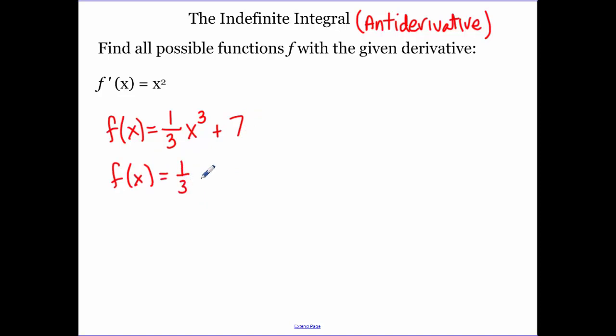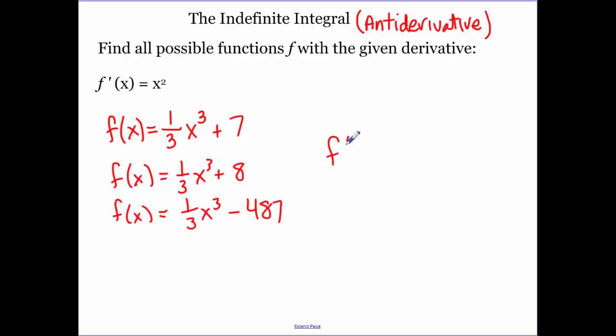Here's another possibility. Here's another possibility. Remember, we had a lot of possibilities way back when we were doing this in chapter 5. So what did we do? When you take the derivative of each one of these, you realize you do get this f prime of x. So what did we do?